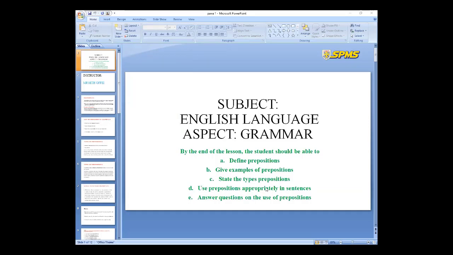And then our fourth objective will be how we are able to use prepositions correctly in a sentence. And lastly, having been able to learn all this, we should be able to answer questions on the use of prepositions. So this is our target for today.